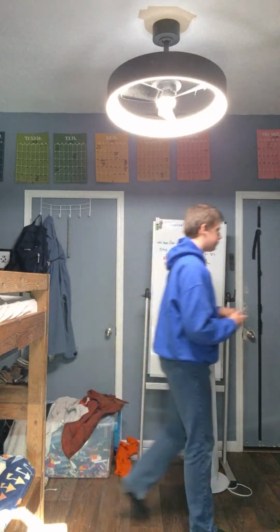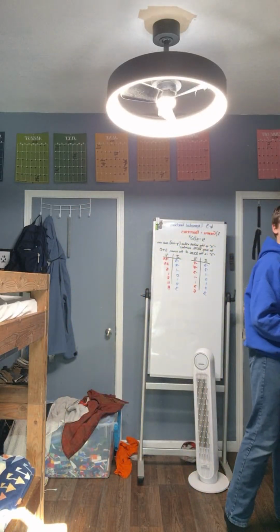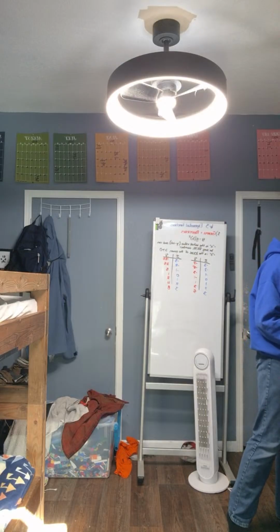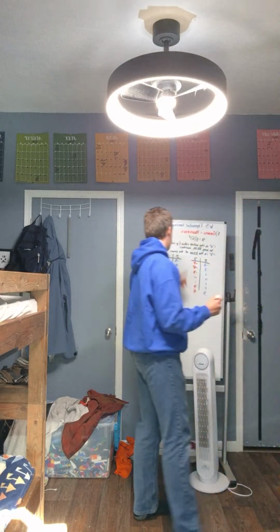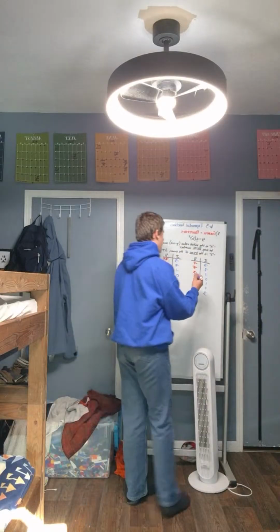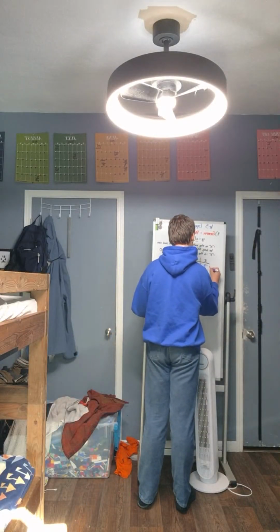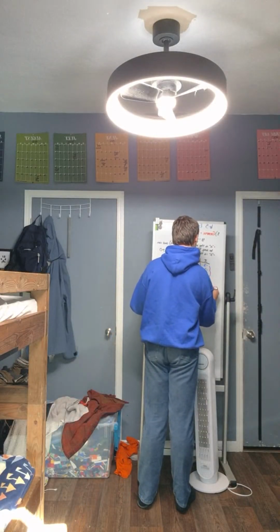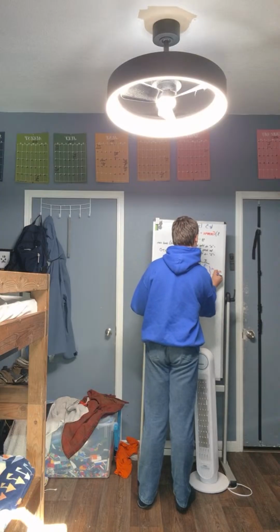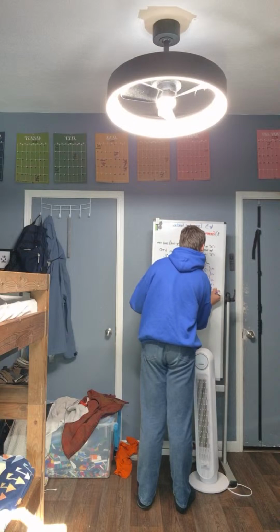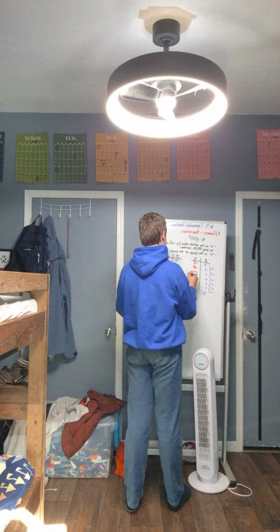So, we have a pattern. We're going to do this with purples. So, this adds by 1. Plus 1, plus 1, plus 1, plus 1, plus 1, plus 1. And then we have this.